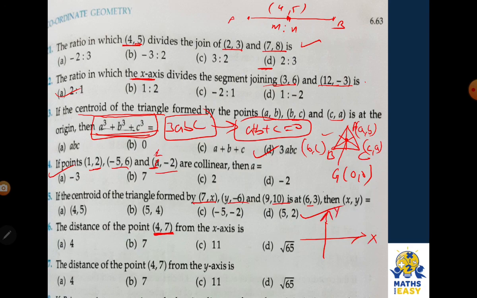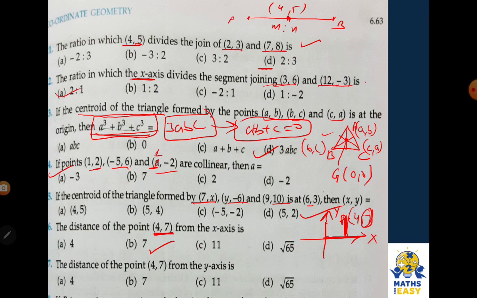You have to find the distance of the point 4, 7 from the x-axis. Let this be point P. If you have to find the distance from the x-axis, you have to check the y coordinate. It will move upward. So your y coordinate is 7. So the distance from the x-axis is 7.